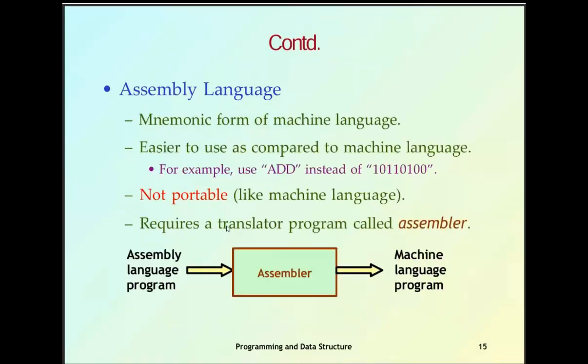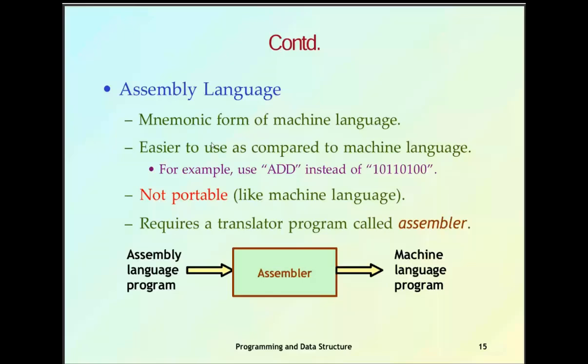So then we move to the assembly language. Here life will be somewhat easier, but still we have issues. In assembly language, we come up with an approach. It is very difficult to remember the sequence of 8 bits for all sorts of operations or symbols. So can we go with a mnemonic form of machine language?